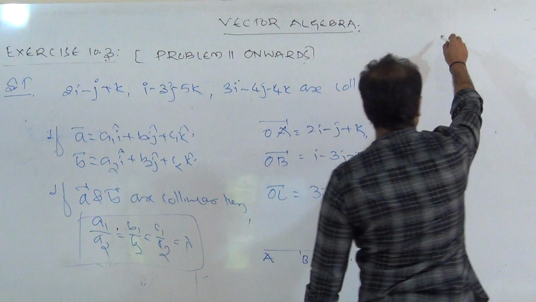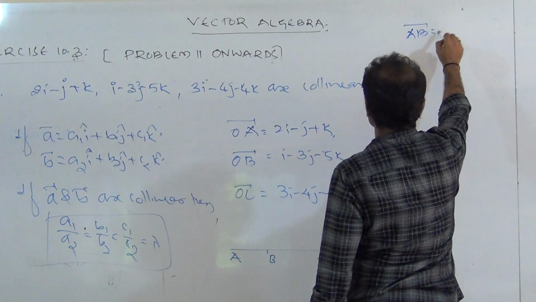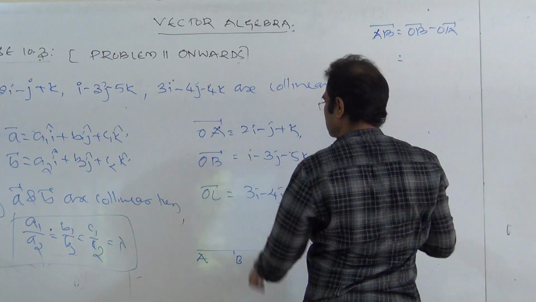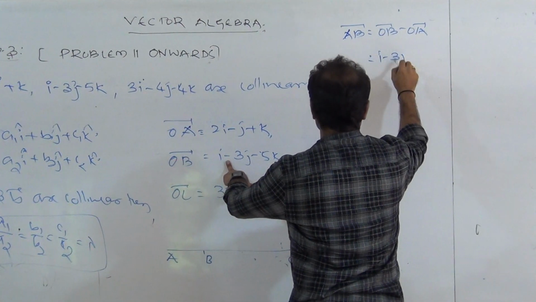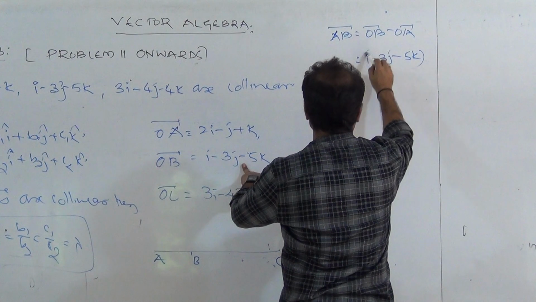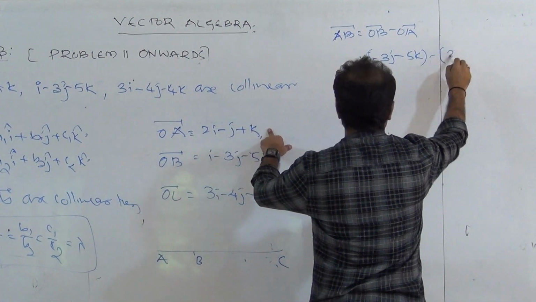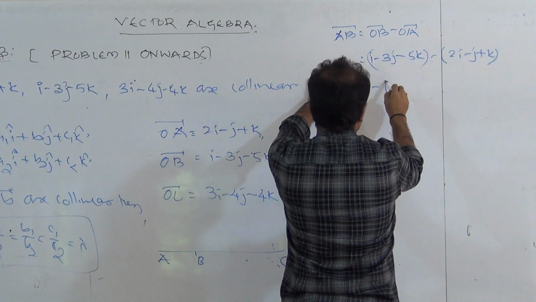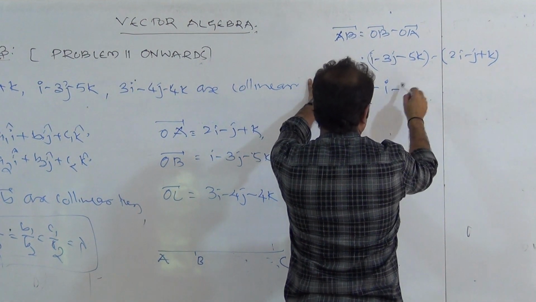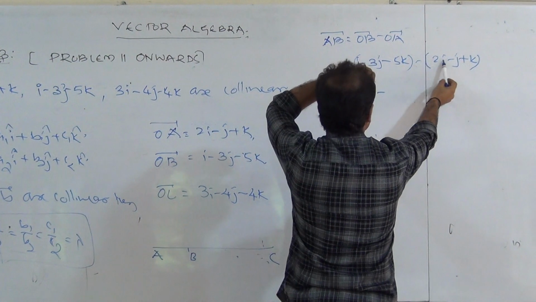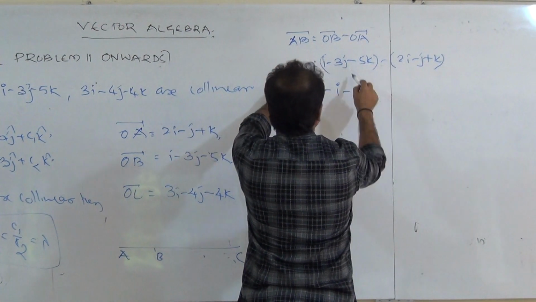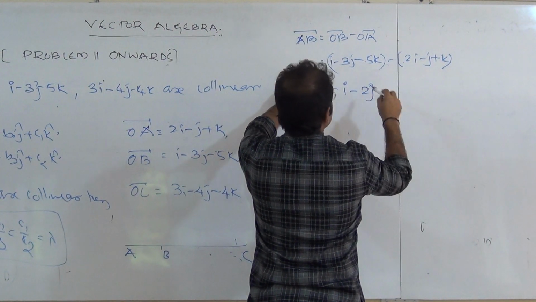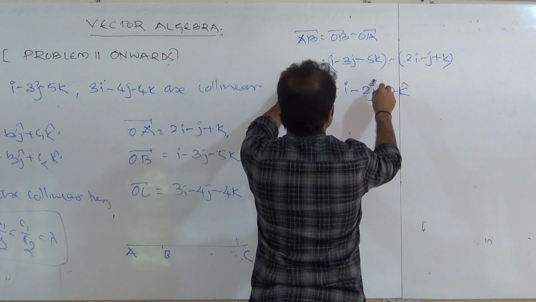What is AB? AB is equal to OB minus OA. What is the value of OB? i minus 3j minus 5k minus OA, 2i minus j plus k. Simplify: minus i, minus 2j, minus 5 minus 1, minus 6k.